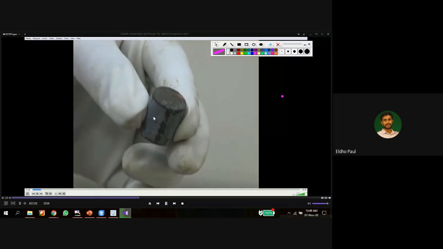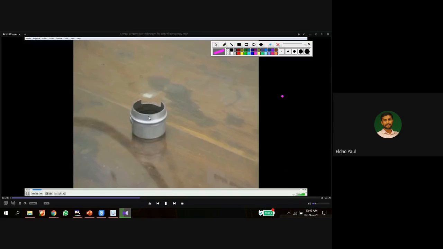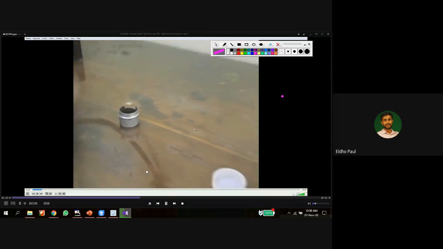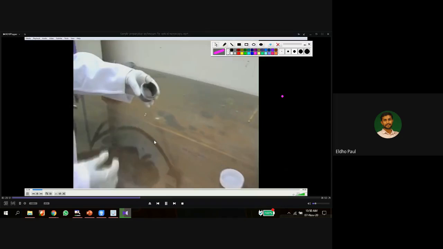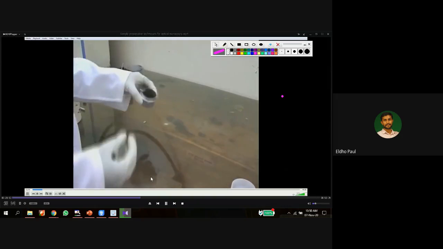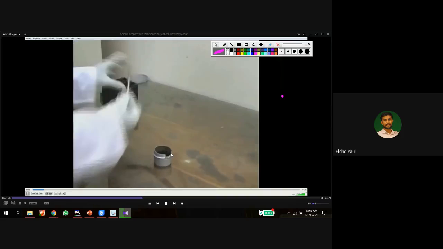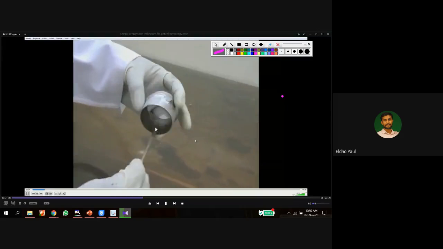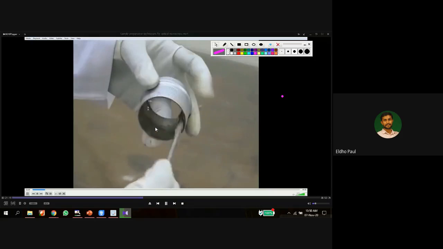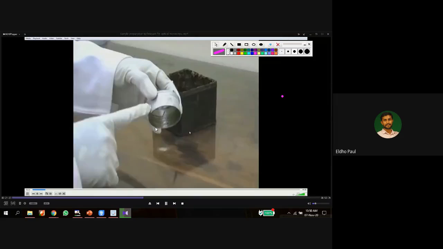This is our specimen, and this is the mold which is used for mounting. Inside this mold we use some grease. This grease is applied around the mold for easy removal of the material after molding.